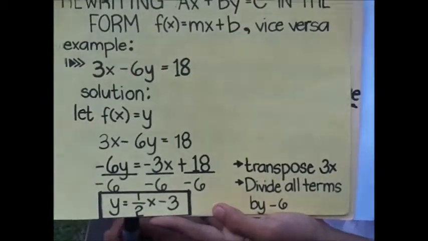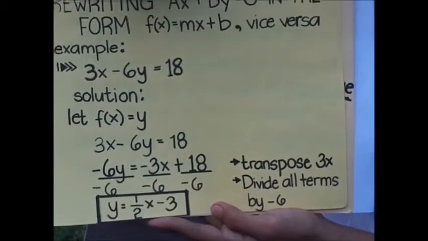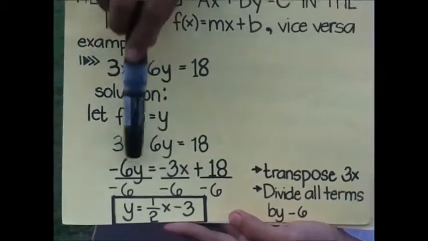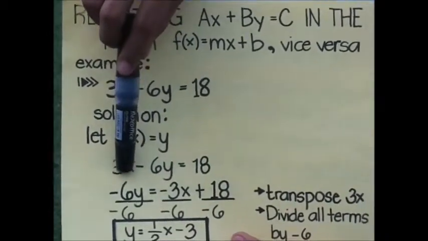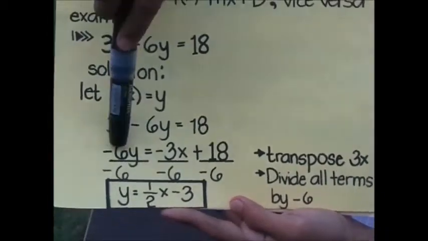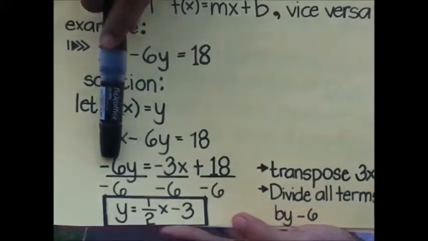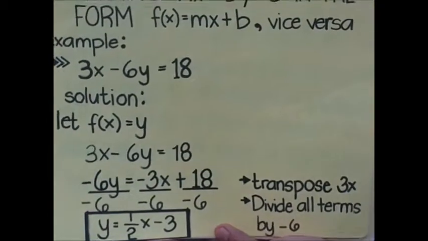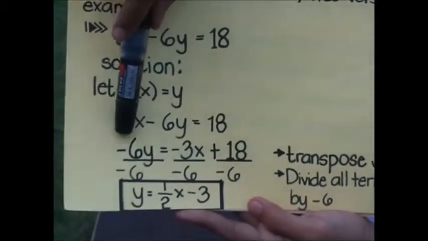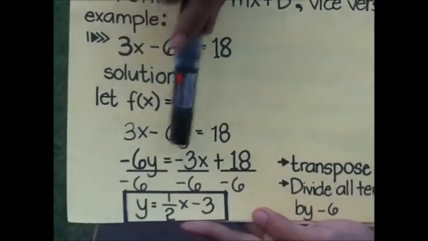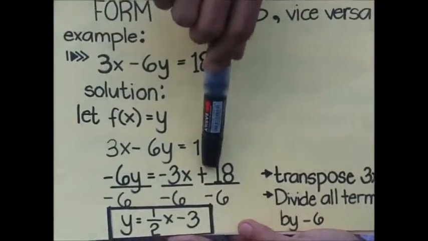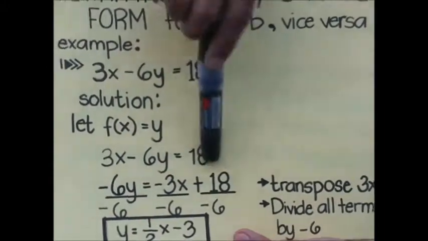The next step is to divide all the terms by the numerical coefficient of the y term. The numerical coefficient is negative 6. So divide all the terms by negative 6. So negative 6y over negative 6 is equal to negative 3x over negative 6 plus 18 over negative 6.